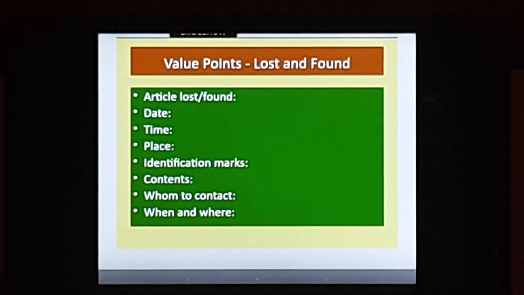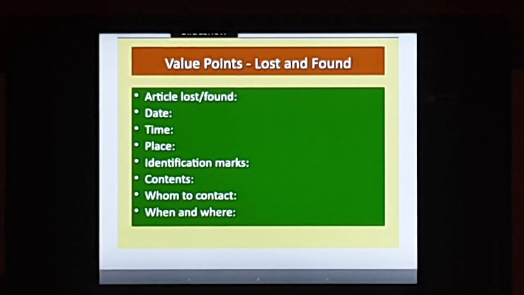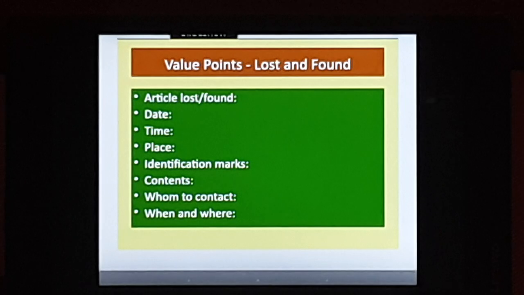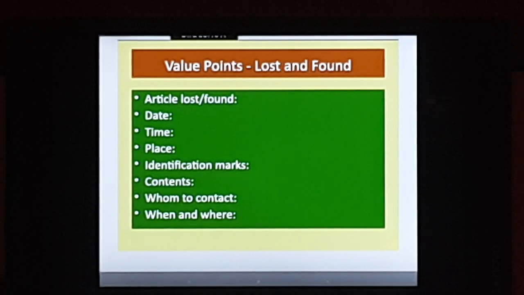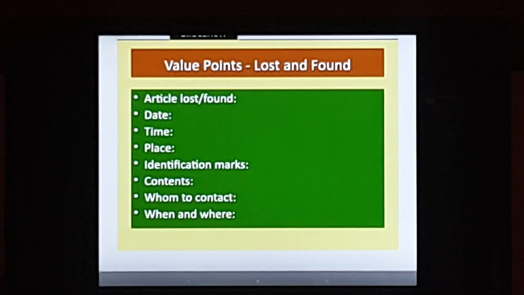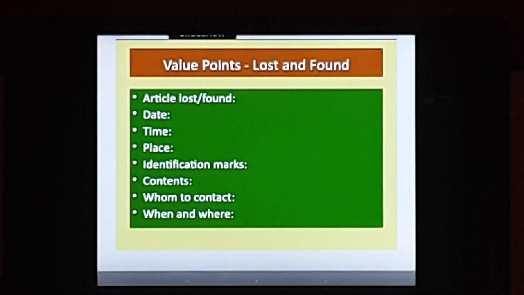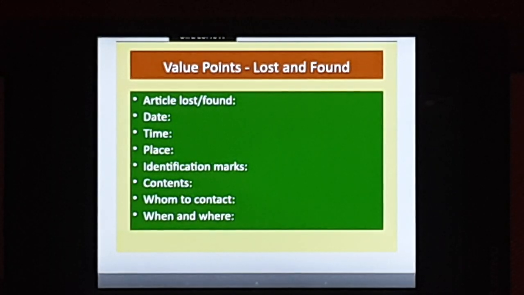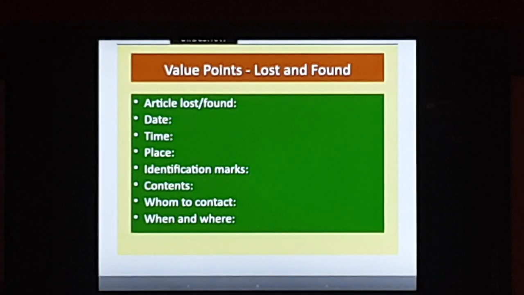Of course, the thing I have found belongs to the person who has issued the notice. And the contents: if you have lost or found a bag, what was inside that bag, you can write that also. Whom to contact, and when and where. So all this information has to be put up when you are issuing a notice where you have lost or found something.